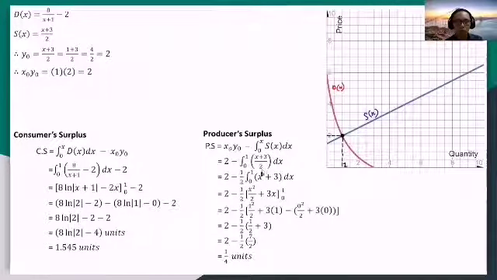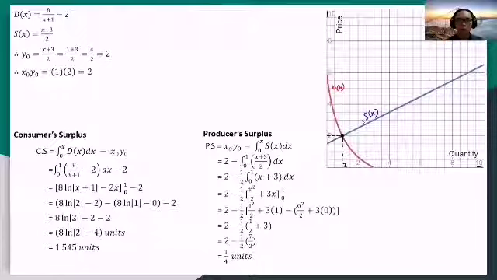And then after integrating, we'll get 2 minus 1 over 2 times x squared over 2 plus 3x. Okay, then we substitute 1 and 0 inside the function, and we get 2 minus 1 over 2 times 1 over 2 plus 3, minus 0 over 2 plus 3 times 0. And then we get the producer surplus is 1 over 4 units.